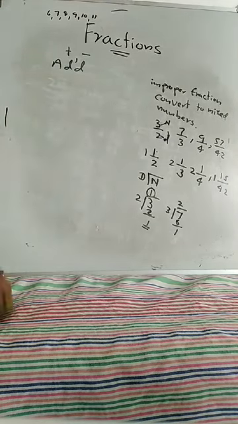Understand? Then the denominator is 3: 3 into 2, 6; 6 plus 1, 7; 7 upon 3. Denominator is 4: 4 into 2, 8; 8 plus 1, 9; 9 upon 4. Denominator is 42: 42 into 1, 42; 42 plus 15, 57. Here 57 upon 42. Understand? This is how we convert.